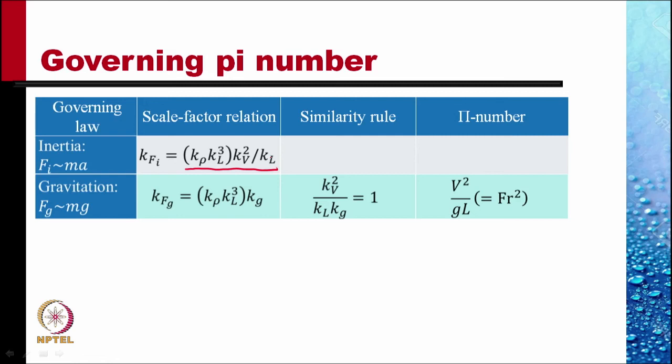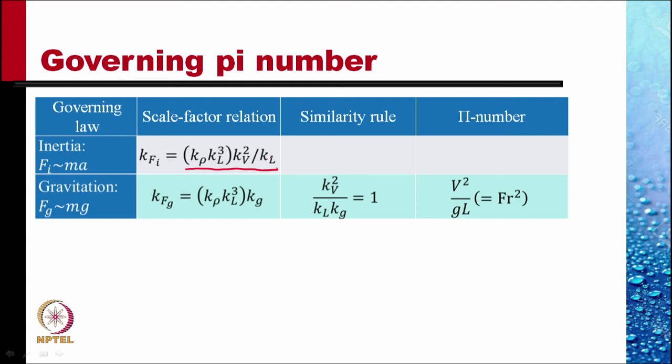The gravitational force scale factor was the scale factor of mass, which is K rho, KL cubed times Kg. And by equating these two, we get a similarity rule as Kv square divided by Kl, Kg should be 1. And from this, we form a pi number, V square by Gl, which is nothing but Froude number square.